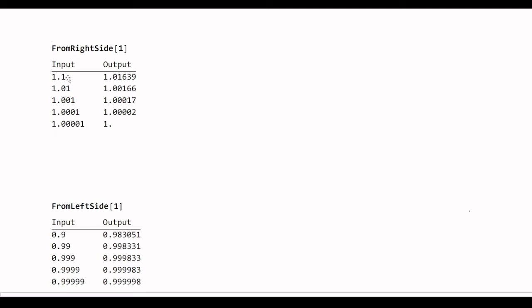You can do some of this in your calculators. I'm at 1.1. That's not quite 1. I'm a little bit away. 1.01. I'm getting closer to 1. So this is important. As I go down this table, I'm getting closer to x equals 1. So I'm approaching 1. Look at the values. These are the y values.